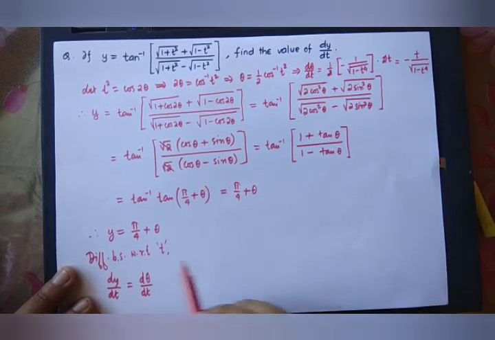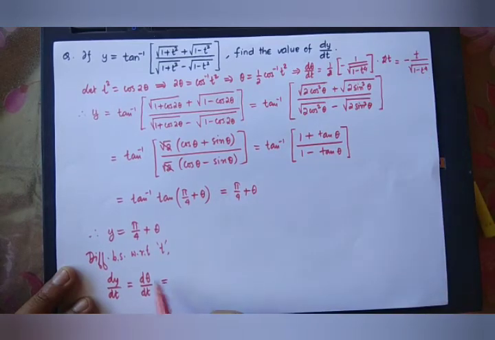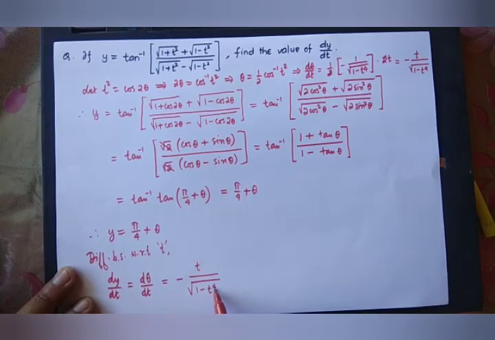So that's why d theta by dt is equal to this much, so that's why dy by dt, that is d theta by dt, is minus t by square root of 1 minus t to the power 4.